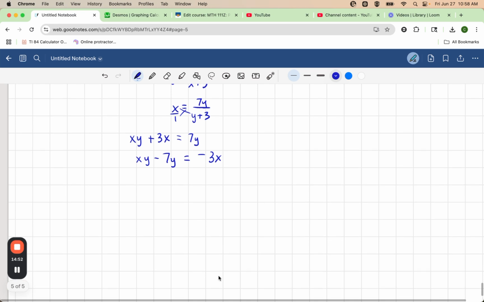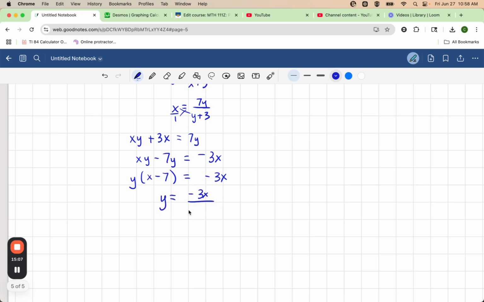Now since I'm trying to solve for y, I'm going to factor it out. So factor out a y, I have (x minus 7) equals negative 3x. Last step before putting the f inverse in, divide both sides by x minus 7. Y is replaced by f inverse of x in the final step. So I get that right there.